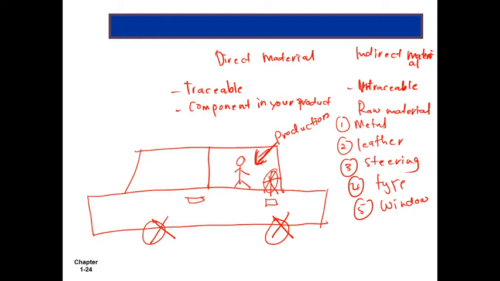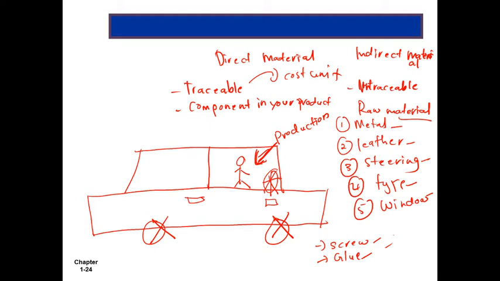Okay, so there will be material which is not traceable. It's very small, and you cannot identify its cost into the cost object. Some of the indirect material can be screws, very small things, maybe glue, something that we cannot trace into the product.